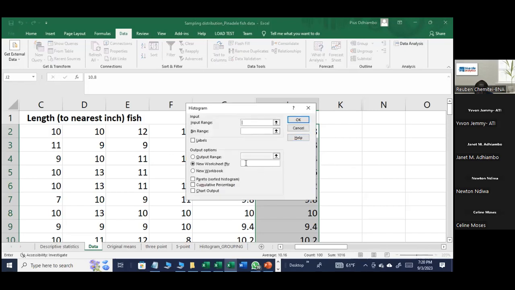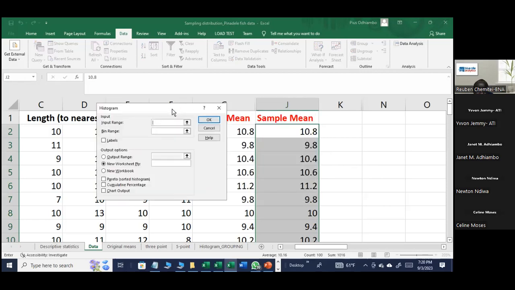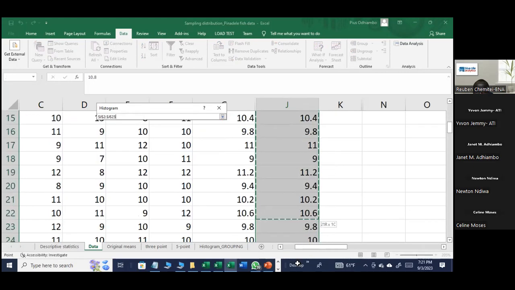Now it prompts me to input the range. So which is the range that I'm trying to input? There are two values here. We have the input range, which is actually the values. This one here, so I'm going to select this like that.